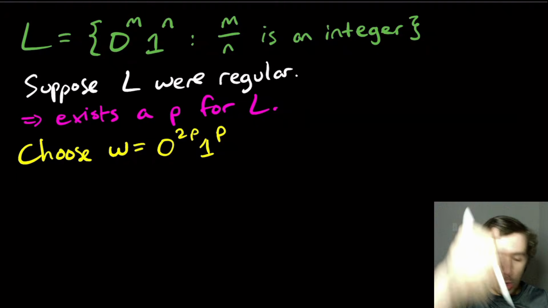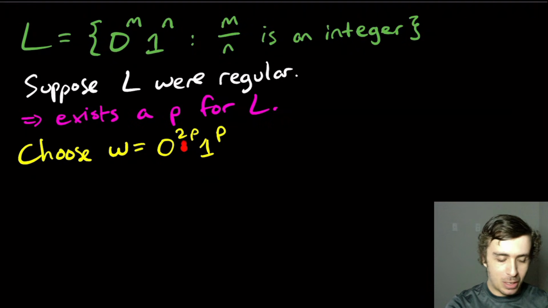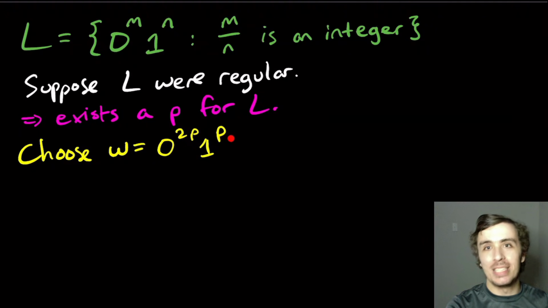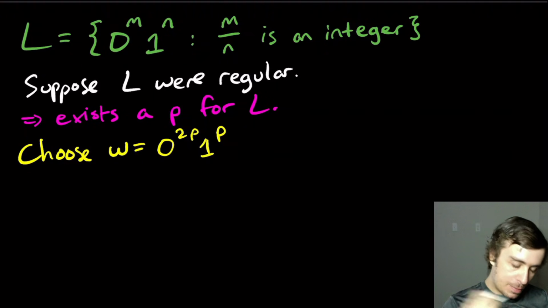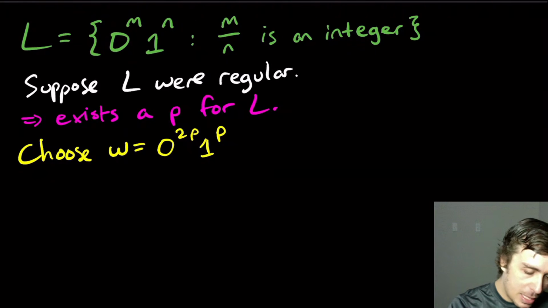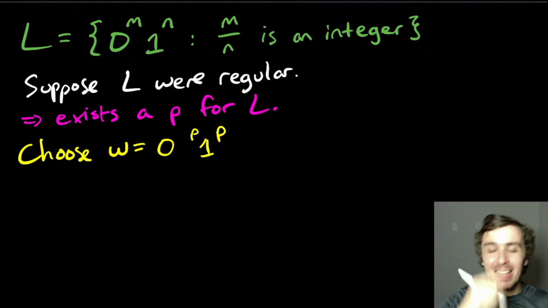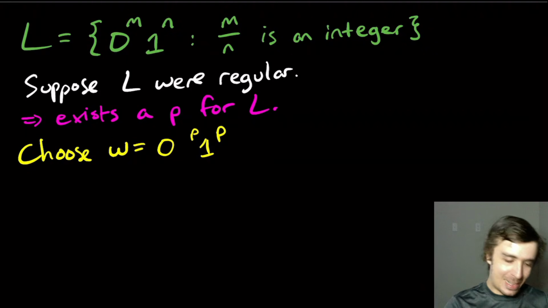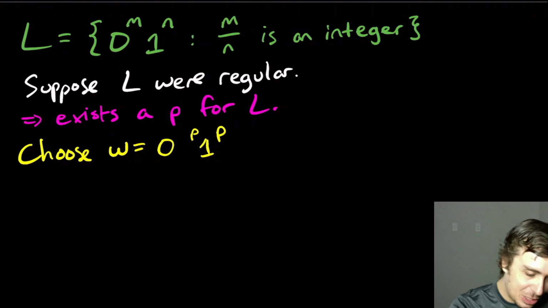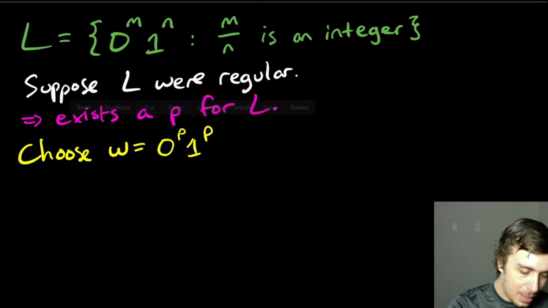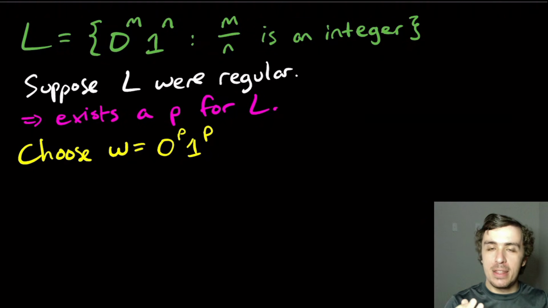If you pump downward, you may think that's fine because we're going down and it's not twice as much. It could be that we take away P characters here, and so we'll have 0^P 1^P, and that will not help us very much. So there are actually two routes we can go. One route is we can just pick 0^P 1^P and then pump down. But the problem is, what if we had the decomposition where we took away P characters?